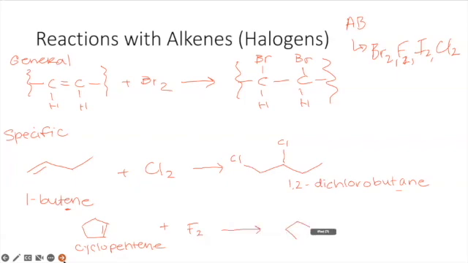So we're going to reduce that double bond to a single bond and then add one atom of each across where that double bond was. So now we've produced 1,2-difluorocyclopentane, and I'm running out of room.